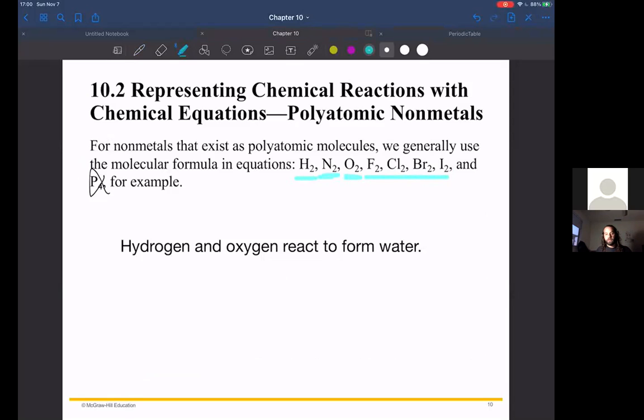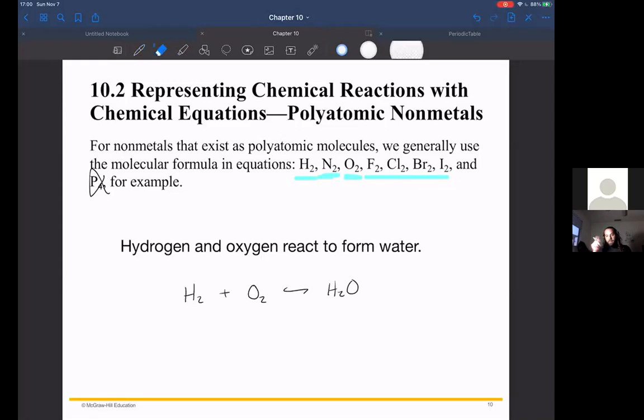The reason why I bring this up is because it can be confusing when we refer to these in chemical reactions. So for example, hydrogen and oxygen react to form water. I'm talking about diatomic hydrogen gas, H2, plus O2, that's oxygen, reacting to form H2O.